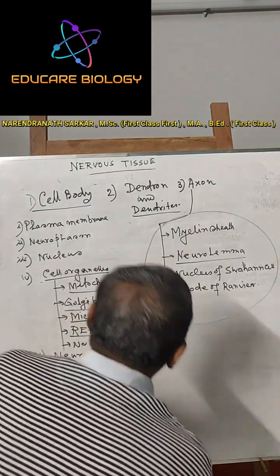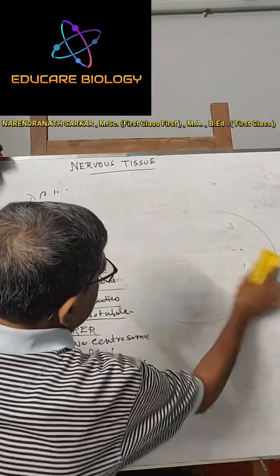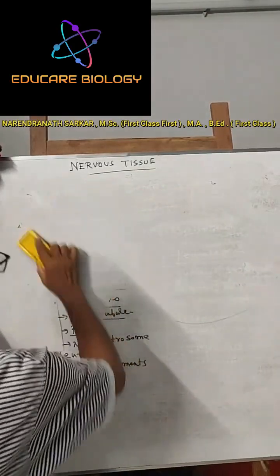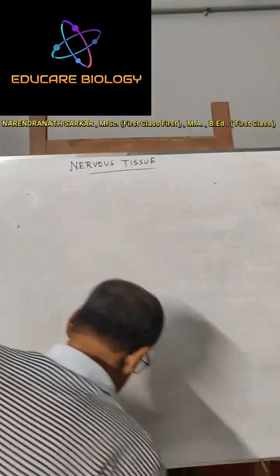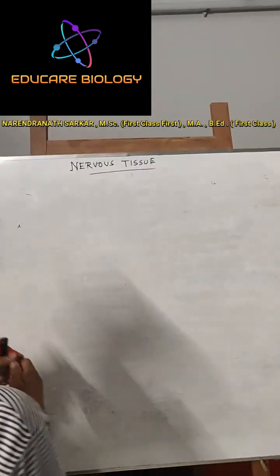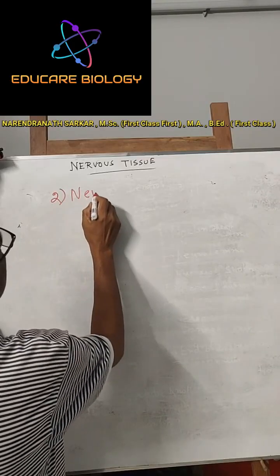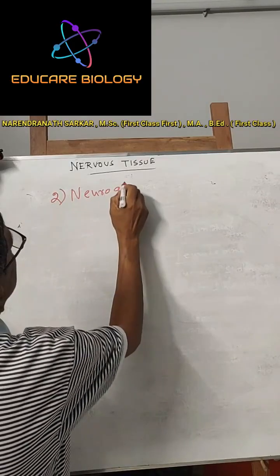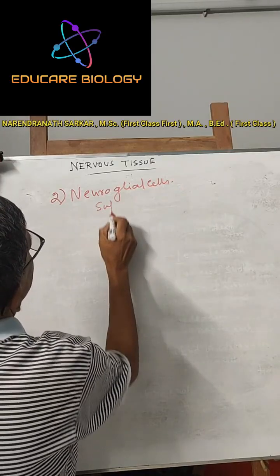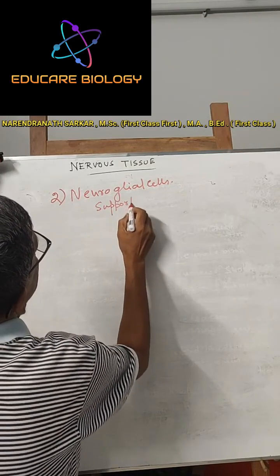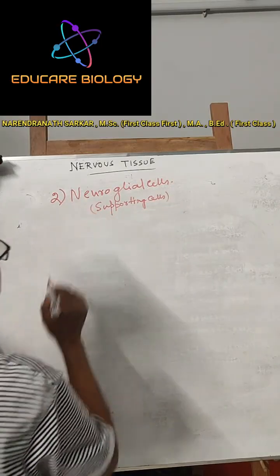Effector organ. Next, another type of cell, supporting cell, is found in the nervous system, which is called neuroglial cells. These are the supporting cells.